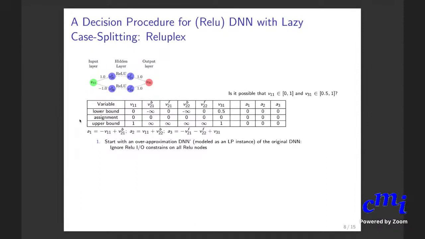Each of these internal nodes, the basic nodes, is expressed as a linear combination of the inputs that are coming to it. Okay, that's what these equations are representing.